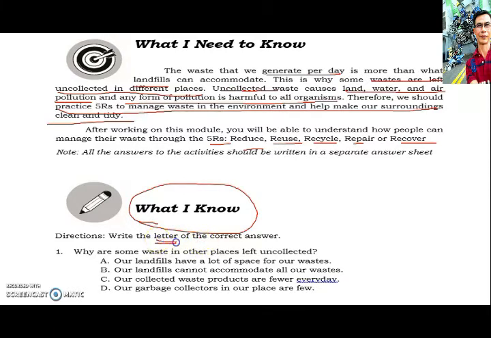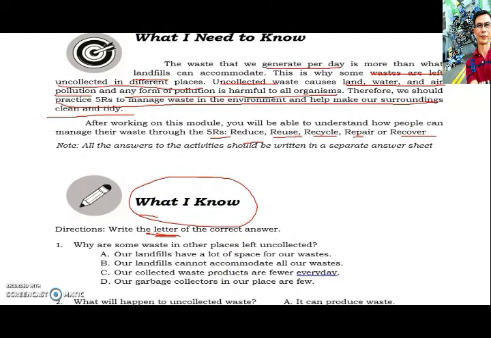Now just read the directions first carefully and understand the sentences so that you may know what is the correct answer. To get the answer, look for the clue word or clue phrases in the sentence. Number two, what will happen to uncollected waste? Ano mangyayari sa mga hindi nakuhang basura?